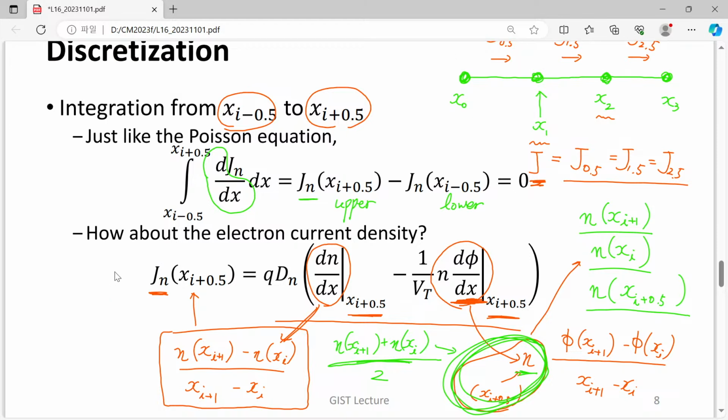In the simplest approach, what we can do is quite simple. Apply the linear approximation between two neighboring nodes everywhere. When we calculate the derivative of electron density, we just apply linear approximation.